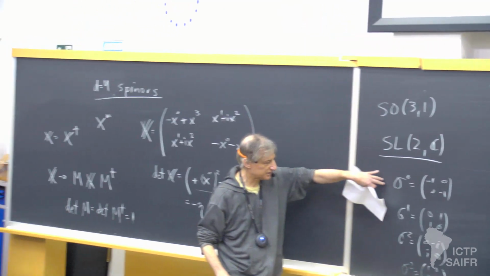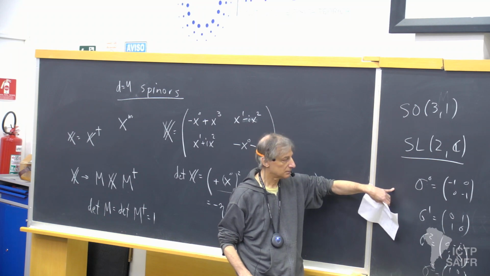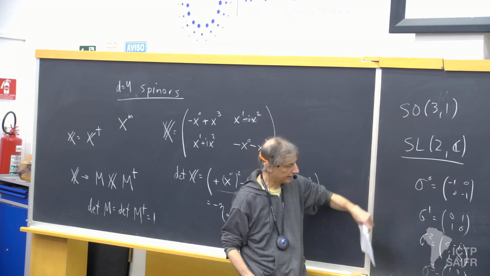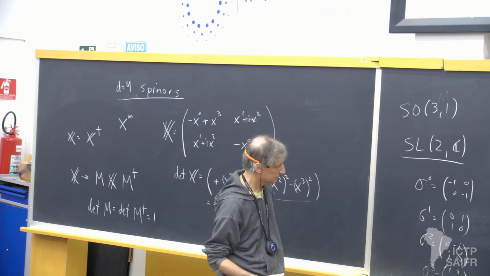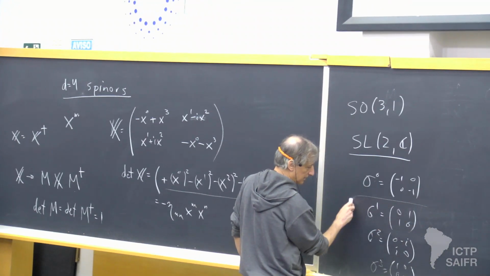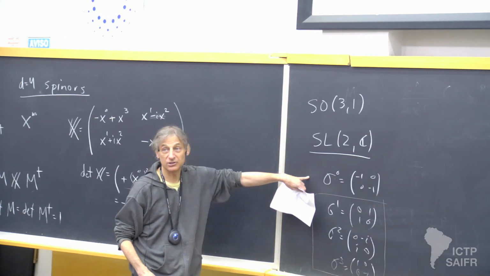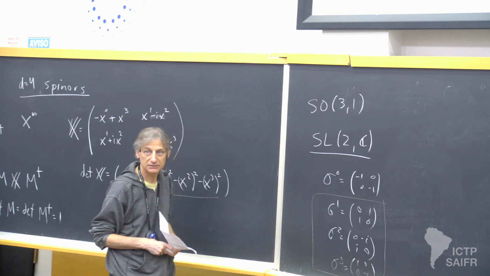What property do these matrices have? They're all Hermitian. And at least these three are traceless. This one, of course, is not traceless. It's proportional to the identity.